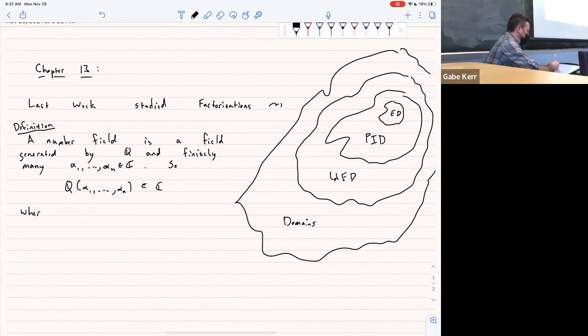Here I need one condition on the alphas. I want each of these alpha i's to satisfy a polynomial equation in the preceding set of alphas.